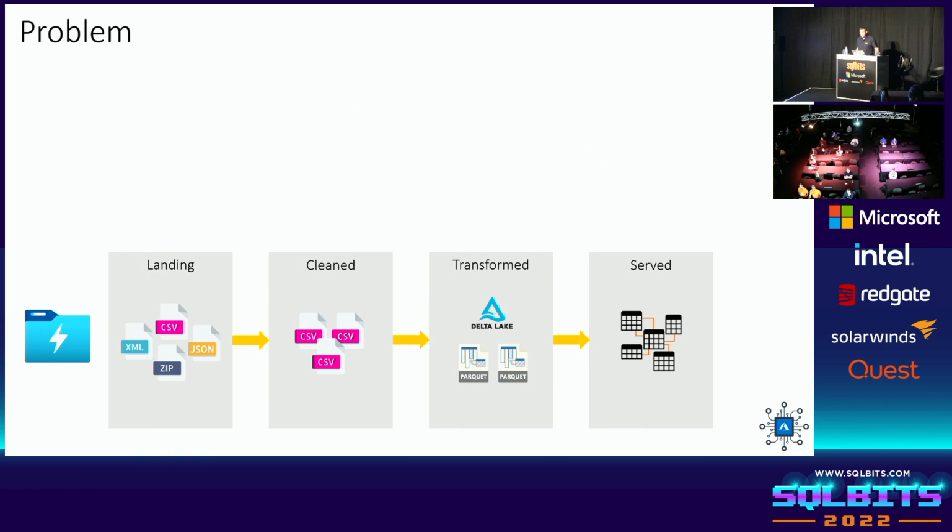So if we think about that problem a little more, going into a little more detail of what we're actually talking about, that picture looks really washed out. There are some grey boxes around some of those things as well, certainly on my screen. But we have some data, it's very similar to my introduction slide. I've got a landing zone here, a cleaned zone, a transform zone, a serving layer, whatever this may be.